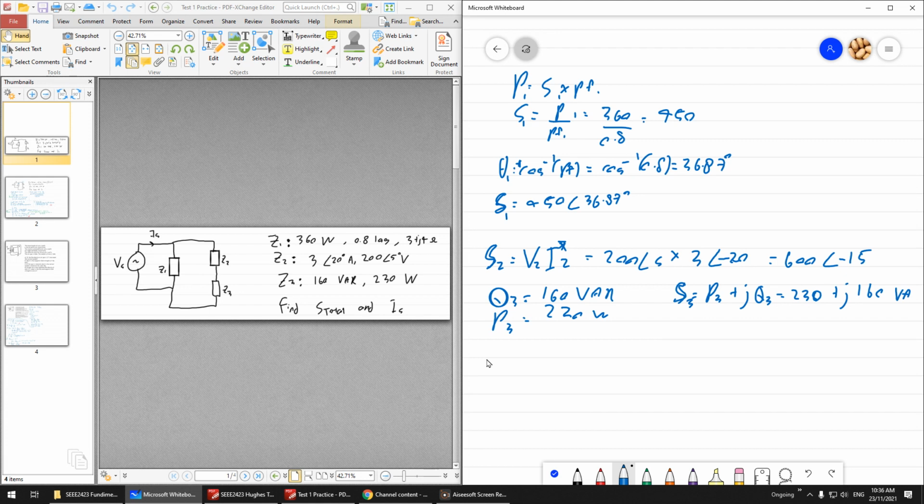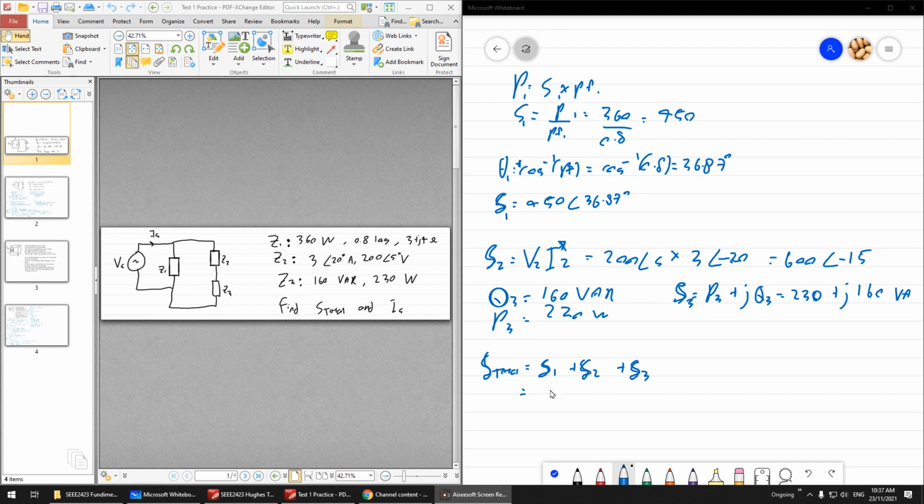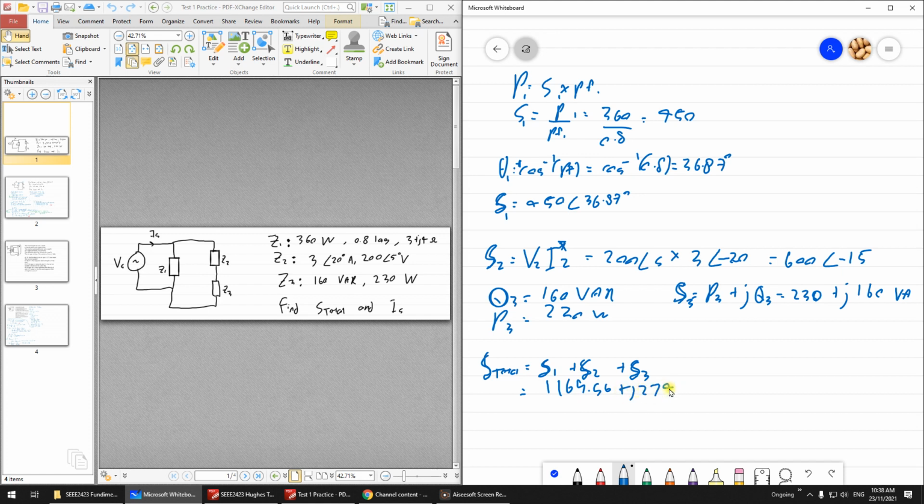So S total equals to S1 plus S2 plus S3. Okay, so you just add it all. So use your calculator again. So the answer is 1169.56 plus j274.71.